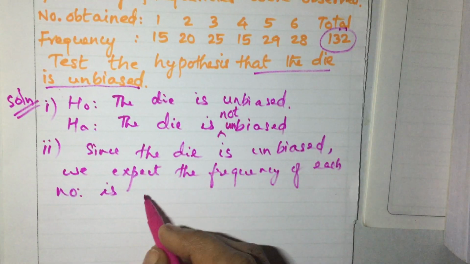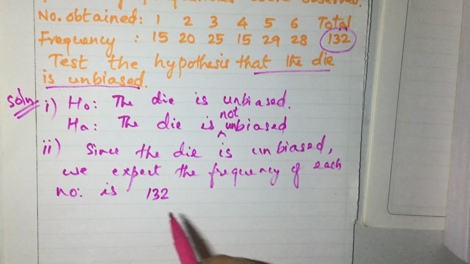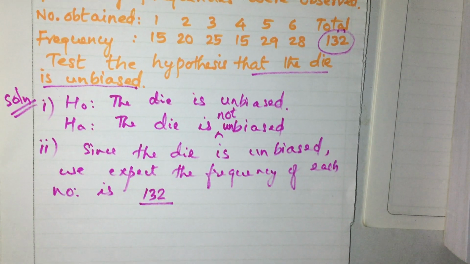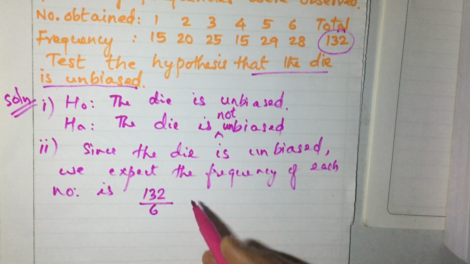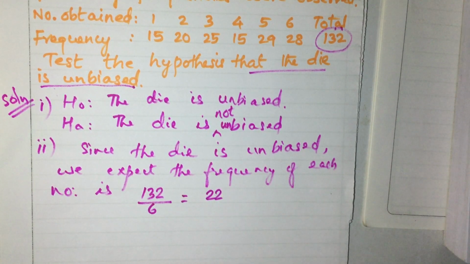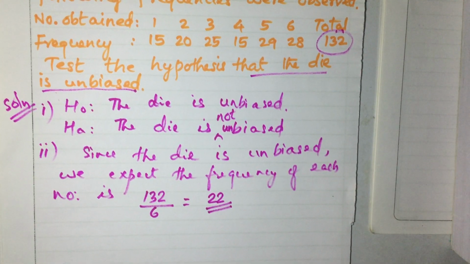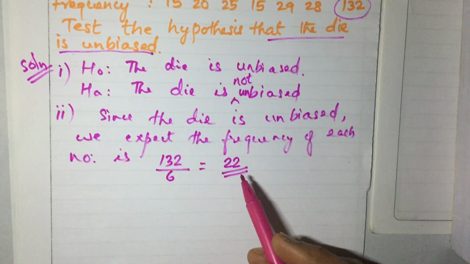Since it is unbiased, each frequency should be this total divided by how many cases will come when you throw a die? You can get 6 points, either 1, 2, 3, 4, 5 or 6. So we expect the frequency of each number to be 132, the total, divided by the possible outcomes 6, that is equal to 22. So each number can be seen 22 times if the die is unbiased. Okay, so this is the expected frequency.